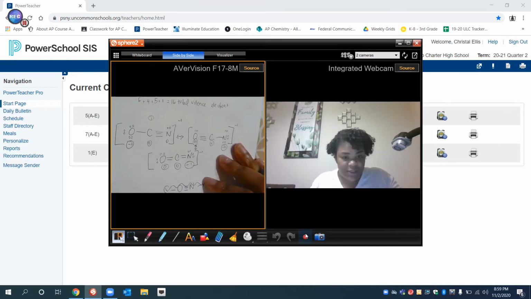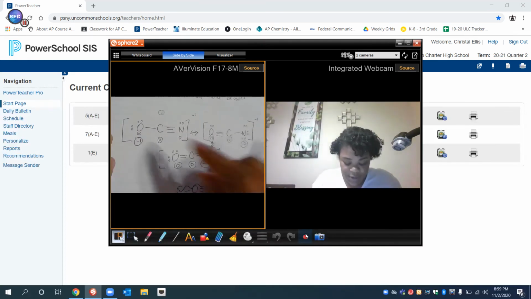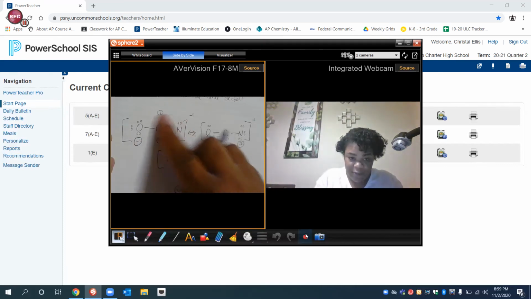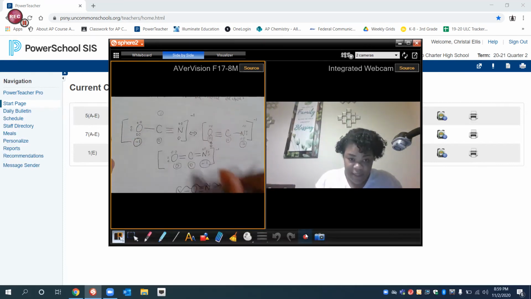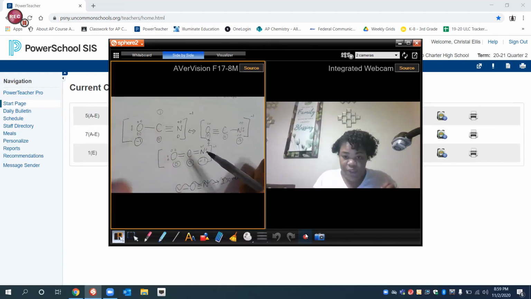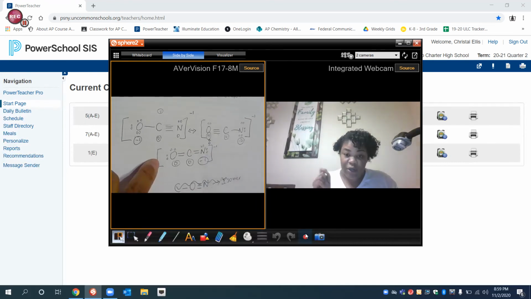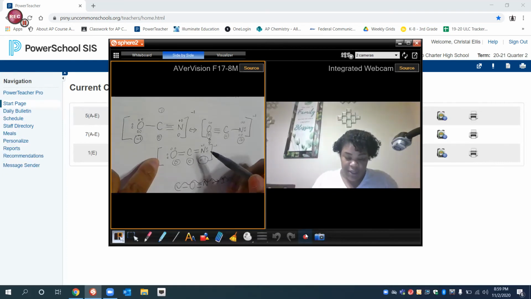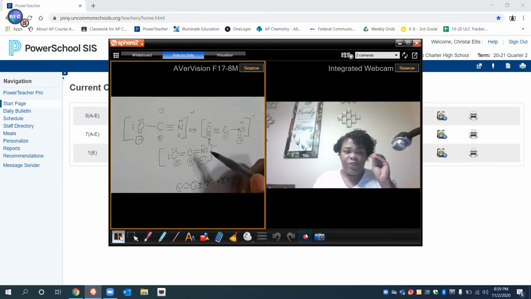Now, I just assigned formal charges on each one of these atoms within the OCN minus molecule or ion. We need to figure out which one of these is the most stable. To do that, we are looking for formal charges that are as close to 0 as possible. And we also have to think about, are the formal charges assigned to the more electronegative atom?